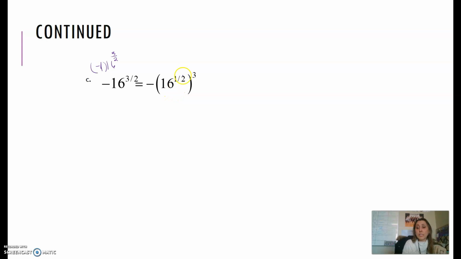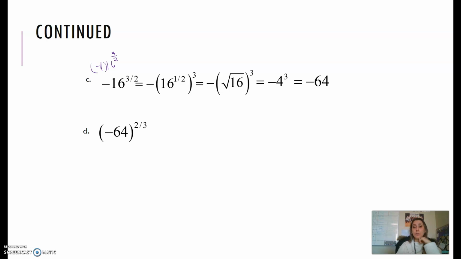Well, the square root of 16 is 4. The negative stays on the outside. So now what we're going to get is the square root of 16 is 4 cubed. 4 cubed is 64 times negative 1. So we have negative 1 still on the outside. We get negative 64. Because negative 4 times negative 4 is a positive 16. 16 times negative 4 is a negative 64.